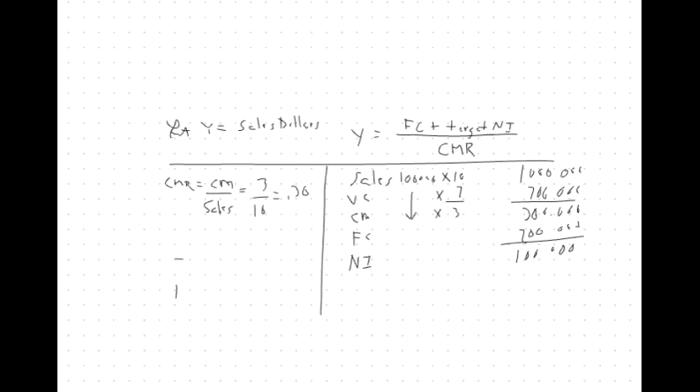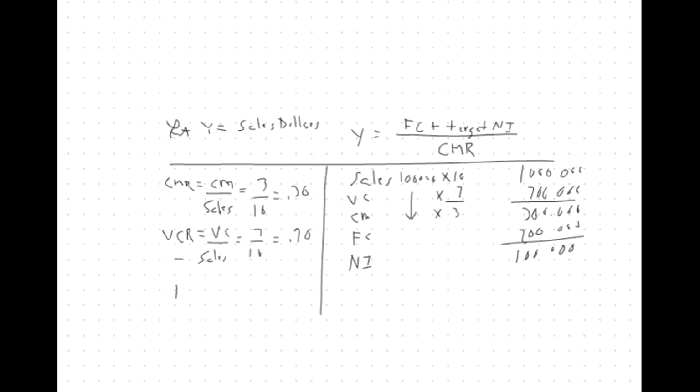Now, the contribution margin ratio has a complement called the variable cost ratio. It's the ratio of the variable cost to sales. I can do it either 700,000 over $1 million or 7 over 10. By complements, they add to 1.